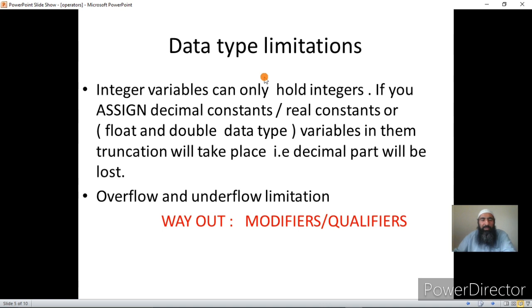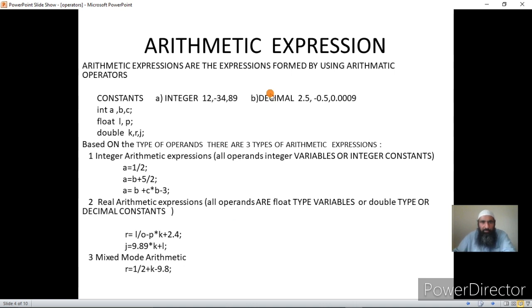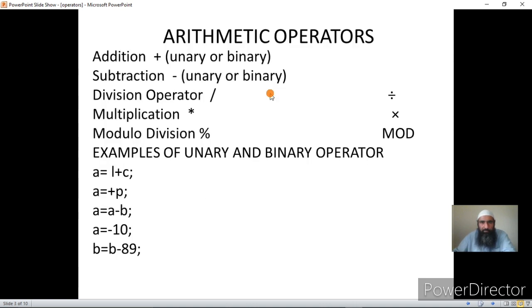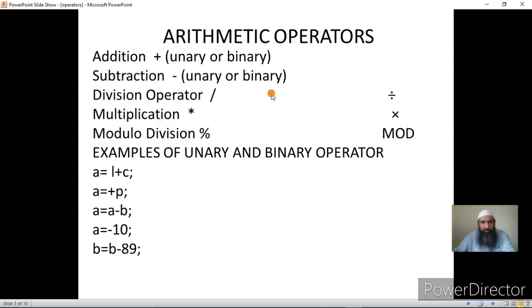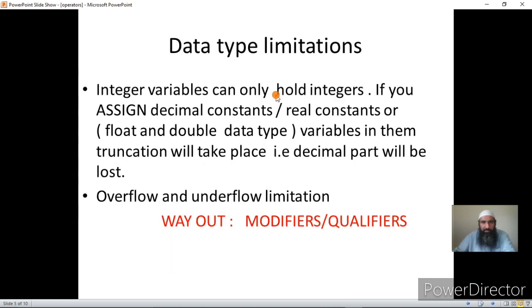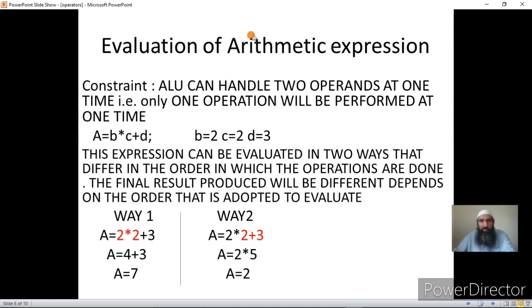Okay, now we were actually discussing arithmetic expressions, but this part is related to that because we will be using the constants and the variables in our expressions. Arithmetic expressions: we explained the operators, then arithmetic expressions, then data type limitations.